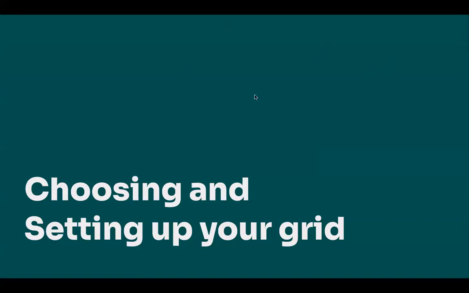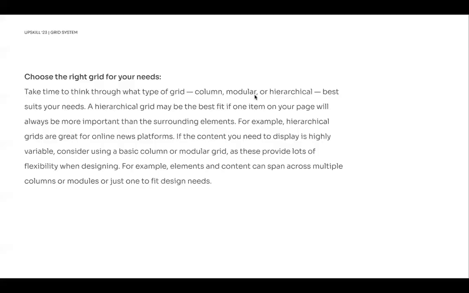So, okay, choosing and setting up your grid. The first step is to choose the right grid for your needs. Depending on what you are designing, like I said, the most popular one that you can use for any kind of thing you want to design is obviously the column grid.